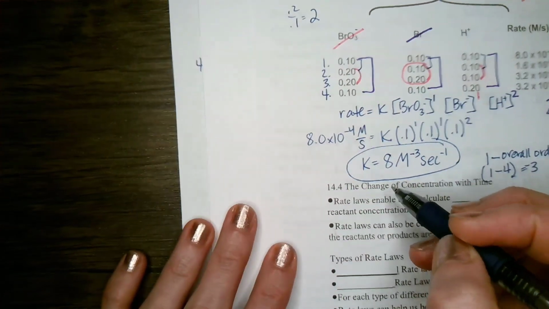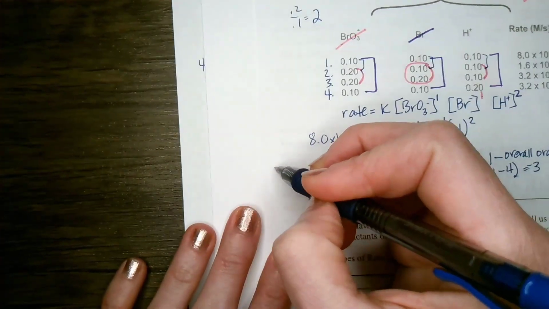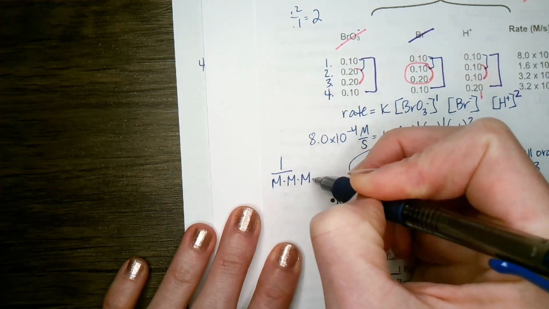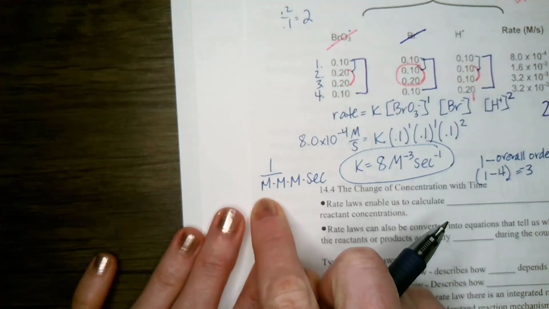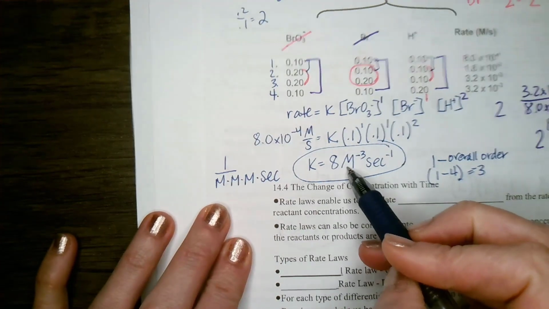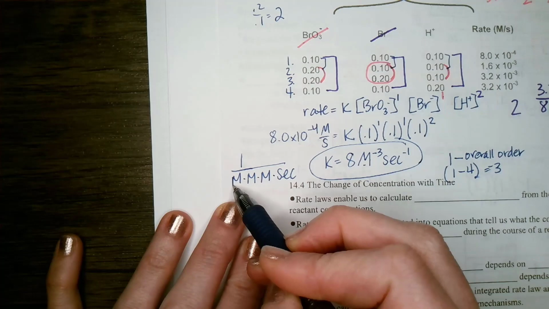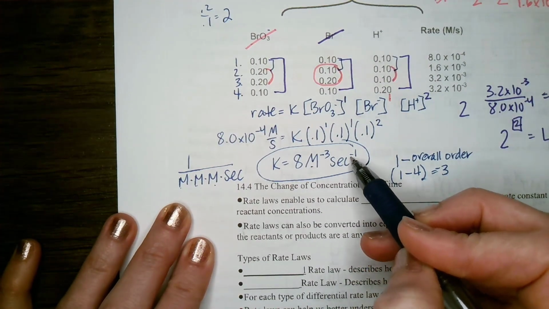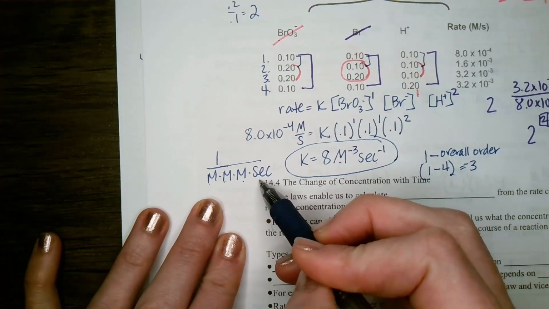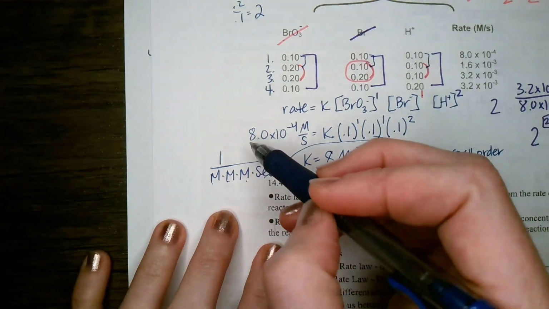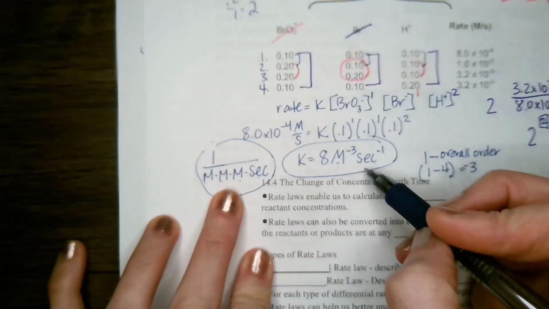If I wanted to write this out in fraction form, it would be the same as writing 1 over molarity times molarity times molarity times seconds. This would be molarity cubed on the bottom part of a fraction, M times M times M, and then seconds to the negative 1 means over seconds.